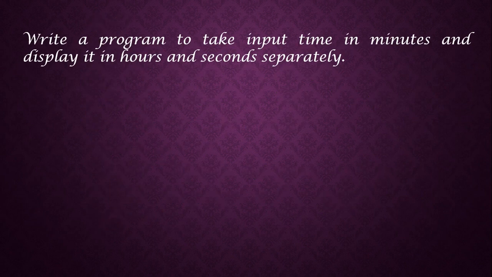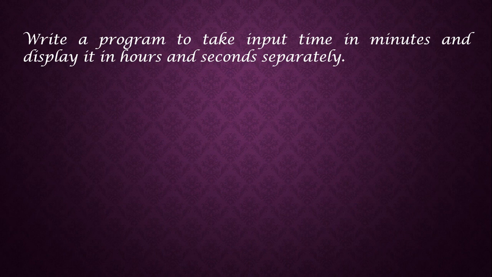Okay, let us take up one more program. We will take input time in minutes, and we have to convert it and display it in hours and seconds separately. Most of you already know the relationships between the different units of time.